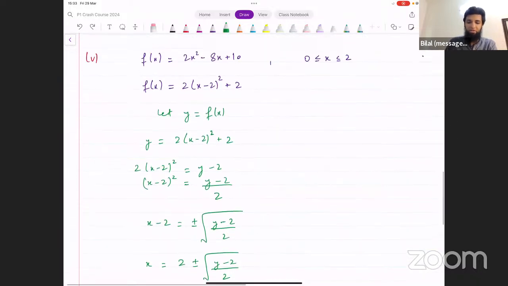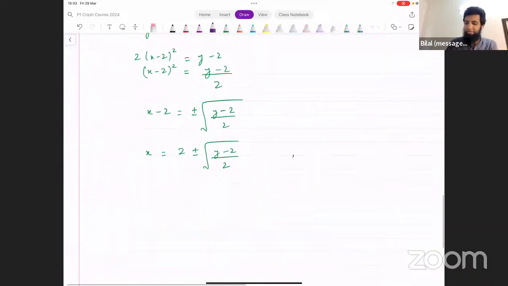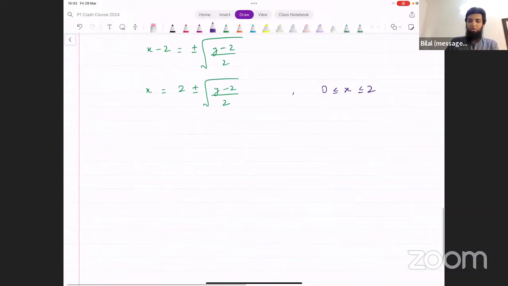We decide that using the interval for x that we're given, the domain for x. The question says x is supposed to be between 0 and 2. Now, how can you get a value of x that is between 0 and 2?